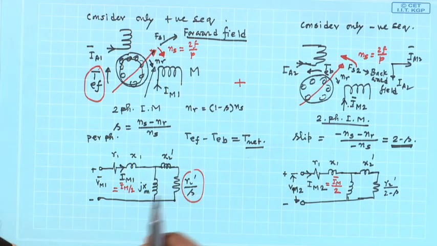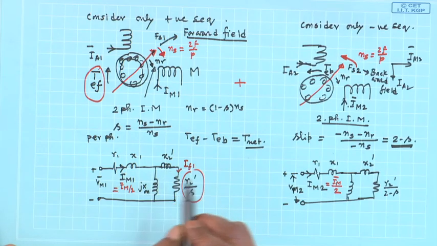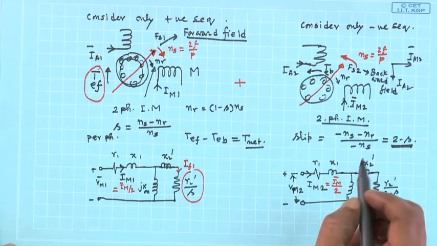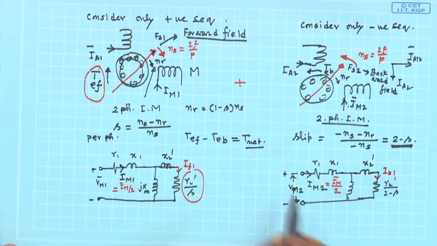So, suppose I say that this current is IF1 and this current is IB1. How do I know these currents? Because I know these currents Im1 and Im2 parallel combination.